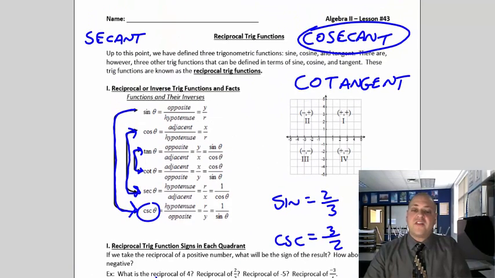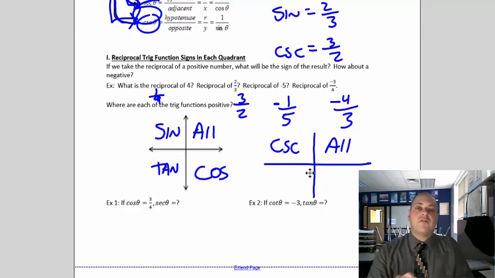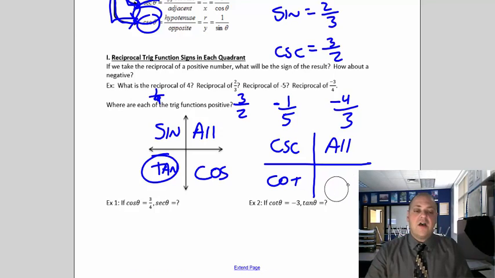The reciprocal of sine is cosecant. So the cosecant must be positive in quadrant 2. In quadrant 3, the tangent was positive, so the cotangent is going to be positive. Only the reciprocals are going to be positive. In quadrant 4, the cosine's positive, so the reciprocal, which is the secant, cosine and secant are reciprocals.